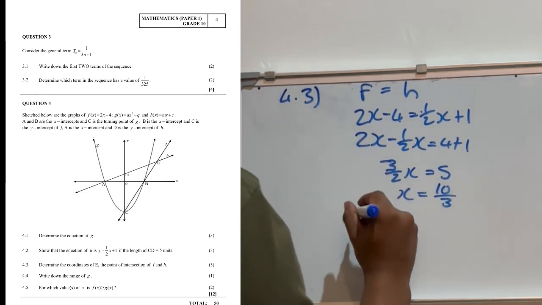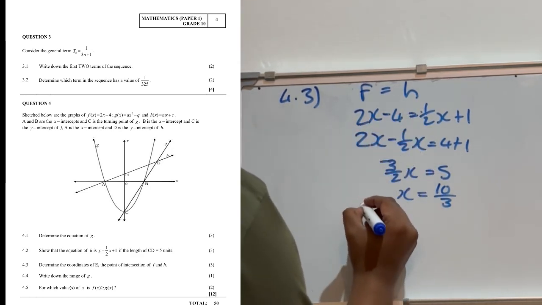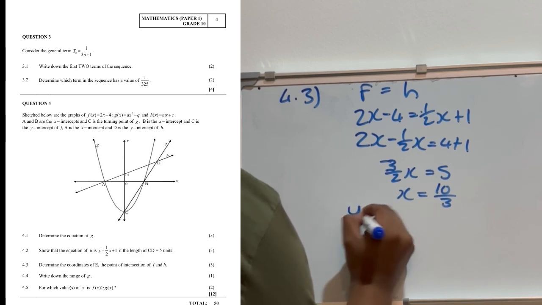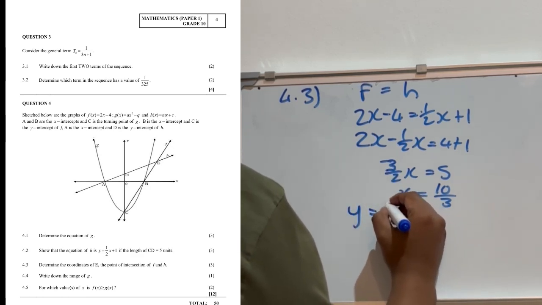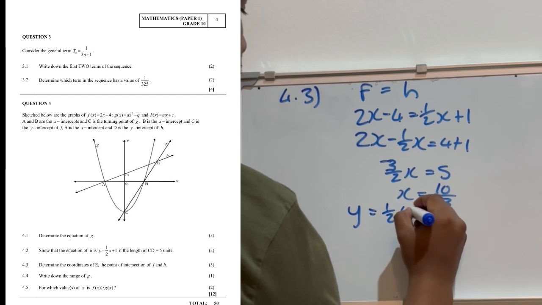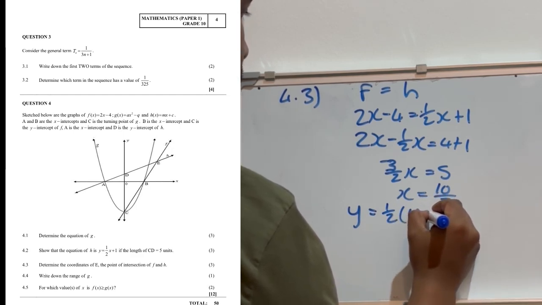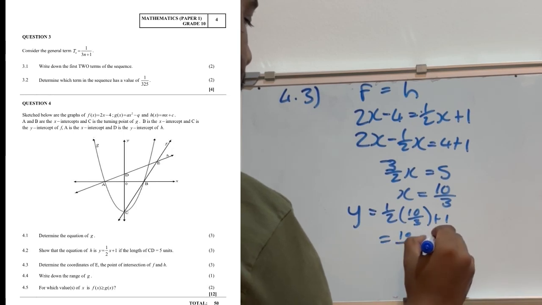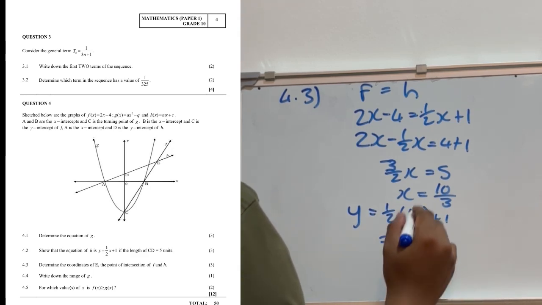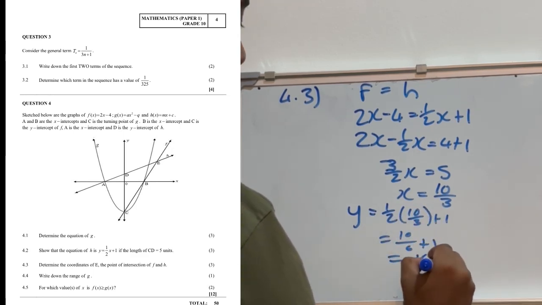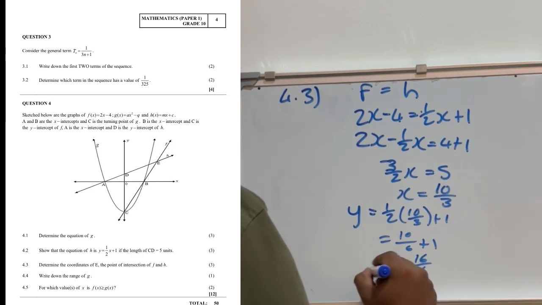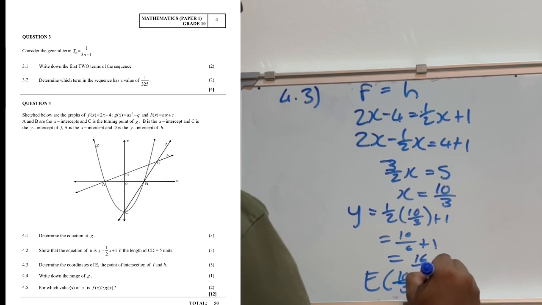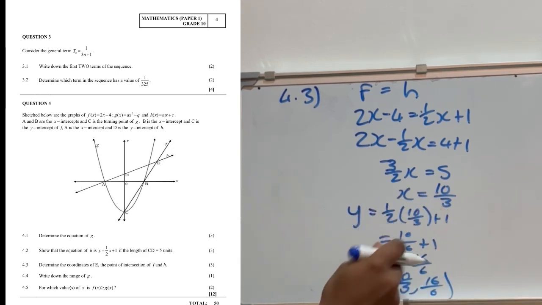If you substitute this into one of these equations, then y is equal to a half times 10 over 3 plus 1. So that is 10 over 6 plus 1, so that is 16 over 6. So E is then just 10 over 3 and 16 over 6. You can simplify that if you want to.